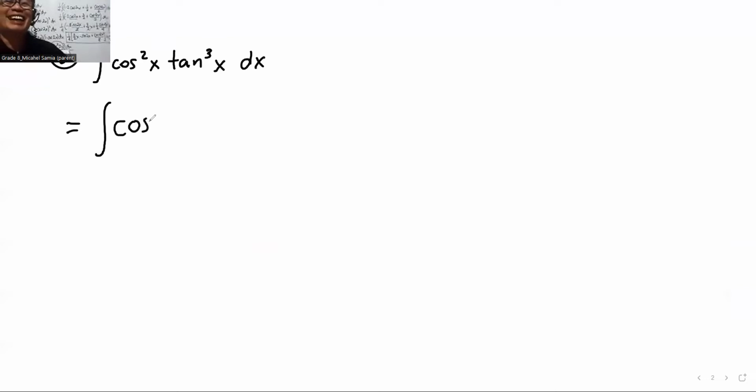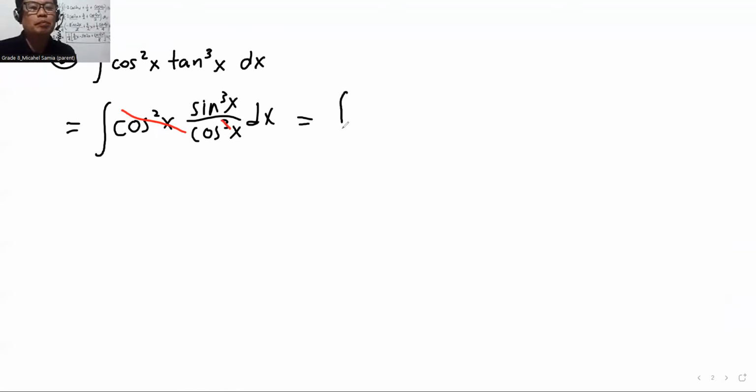Everybody hates tangents, so I will just remove this tangent. It becomes sine x.